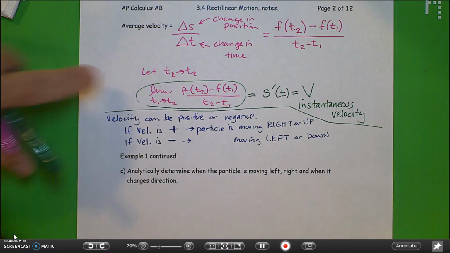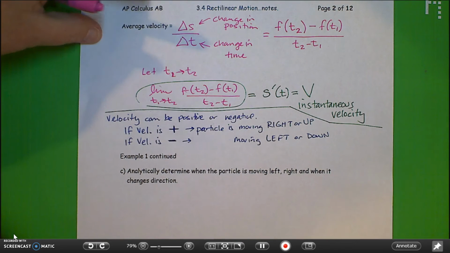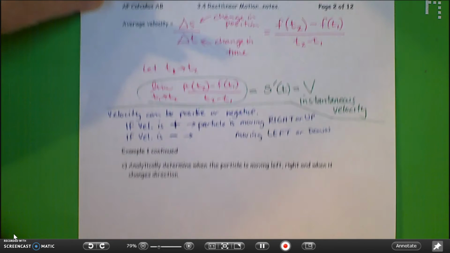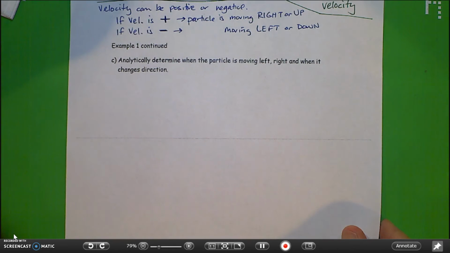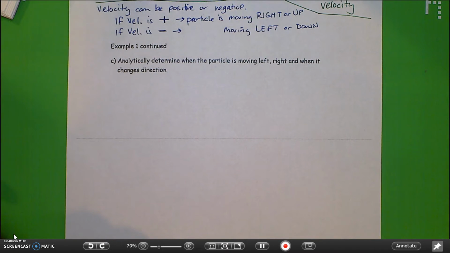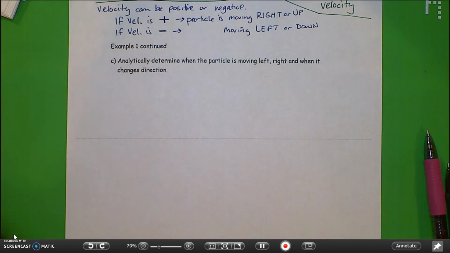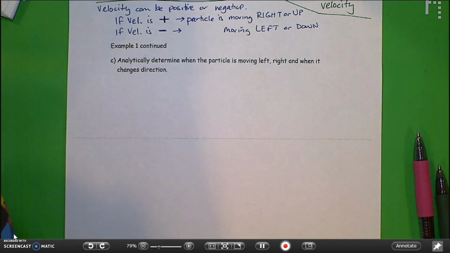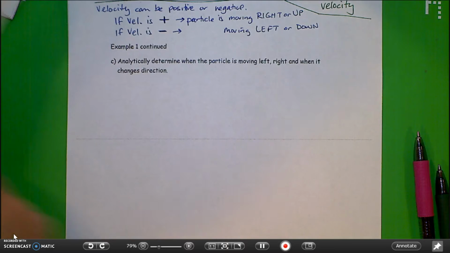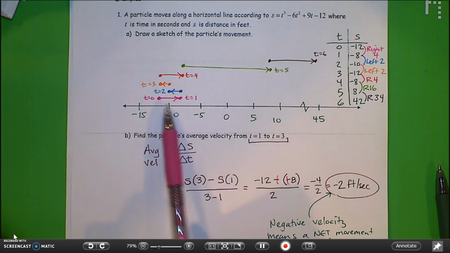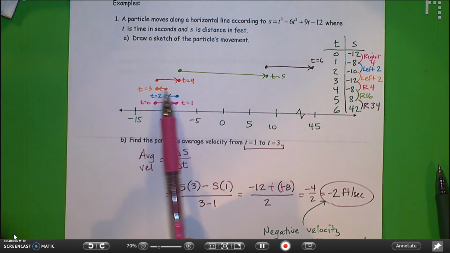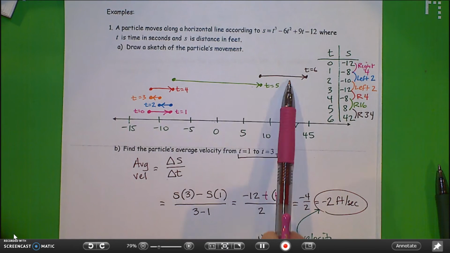Alright, so let's use this information about velocity to continue our problem. So we want to analytically determine when the particle is moving left, when it's moving right, and when it changes direction. When we graphed that on the prior page, we looked at moving right, moving left, moving left, moving right, moving right, moving right.